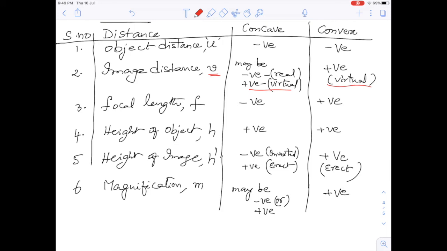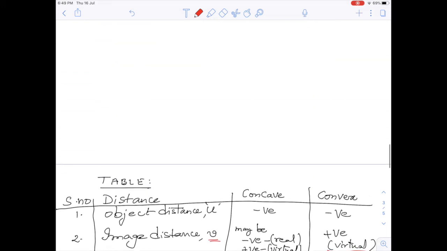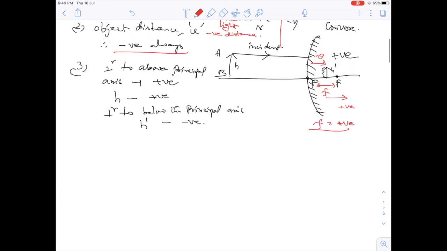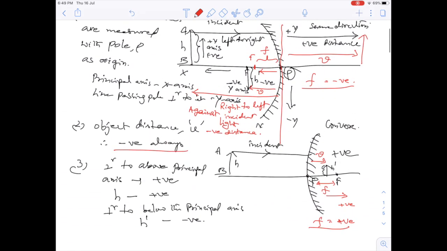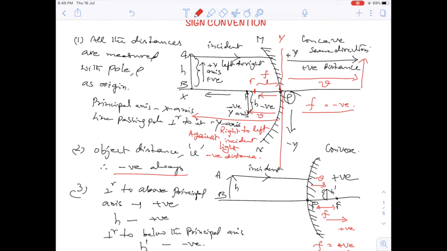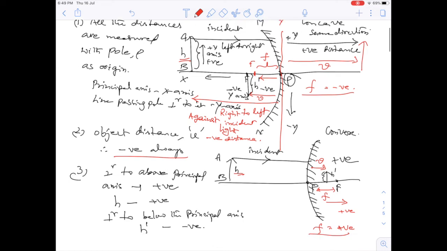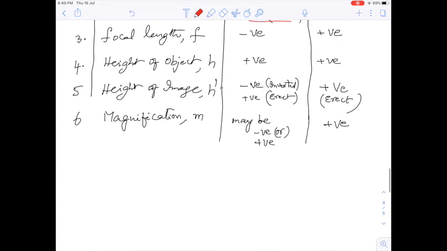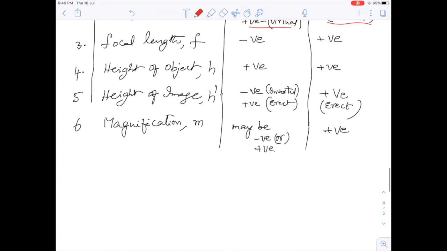Then height of the object: in either case, concave or convex, the object is always above the principal axis, therefore h is always positive in both cases.